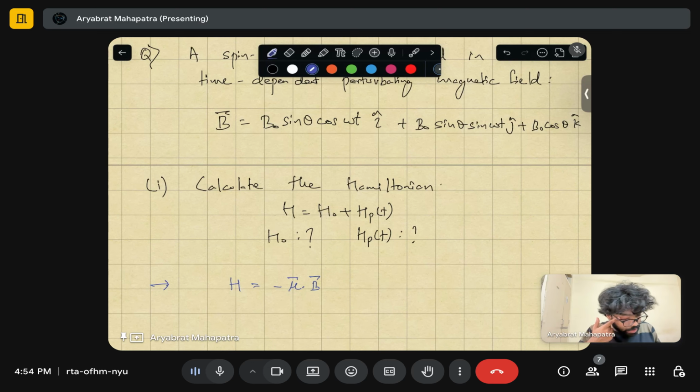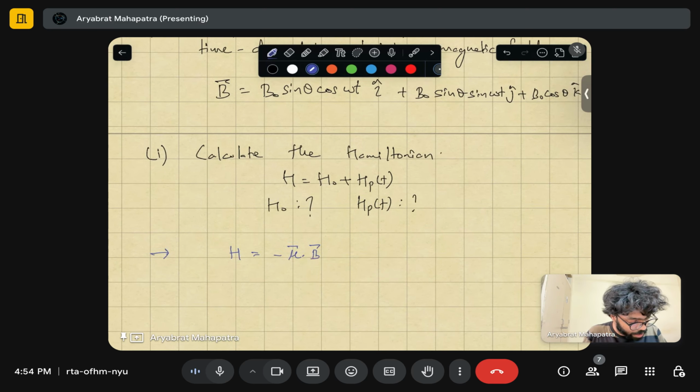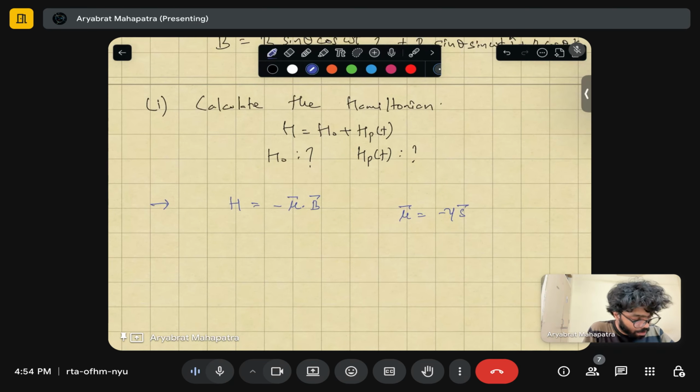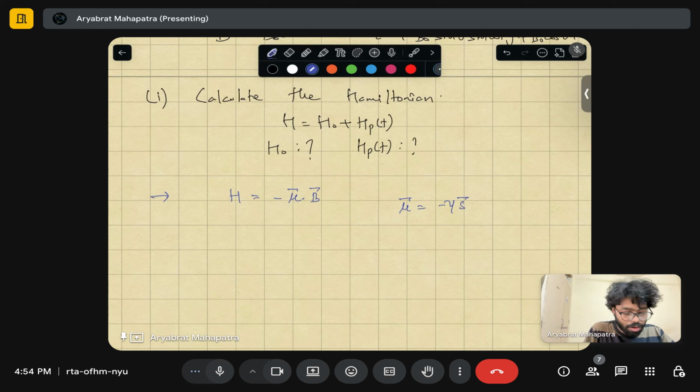And you can write this mu, this magnetic moment, as minus gamma S, because any magnetic moment you can write in terms of angular momentum. Since our particle is a quantum particle with spin S, we write it in terms of its own spin S, and gamma is its gyromagnetic ratio.